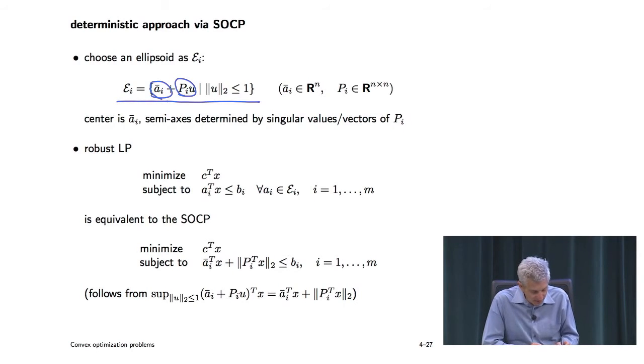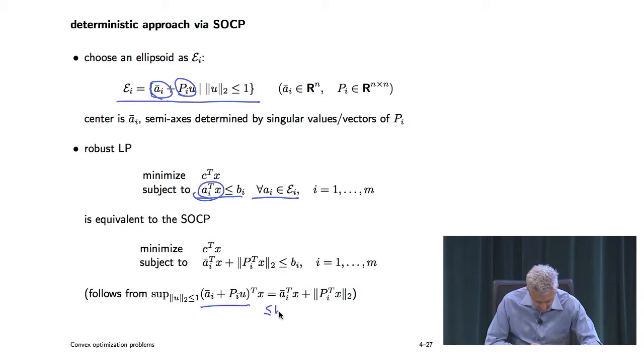The robust LP says this constraint has to hold for all a_i in the ellipsoid. But wait a minute, that says that a_i bar plus P_i u transposed x, that's the maximum value of this thing here, has to be less than b_i, and that has to hold for all u.